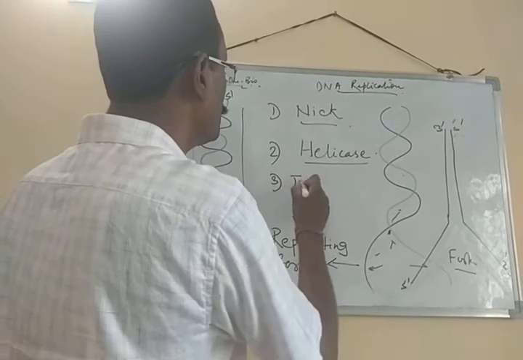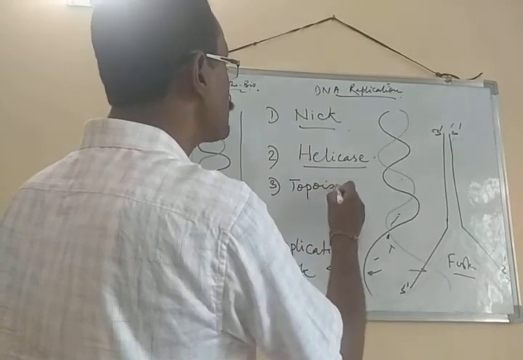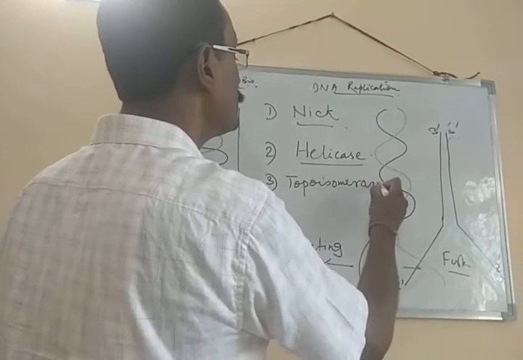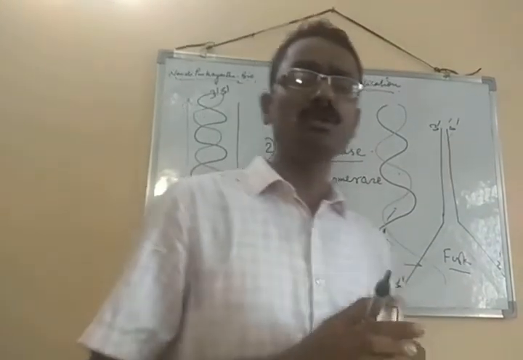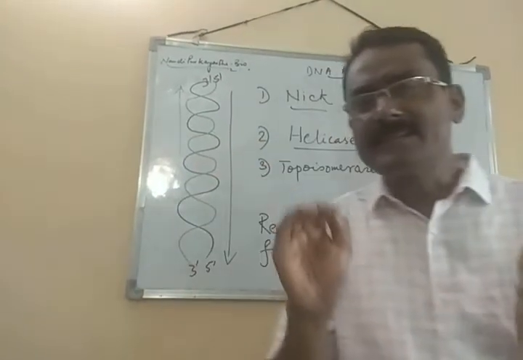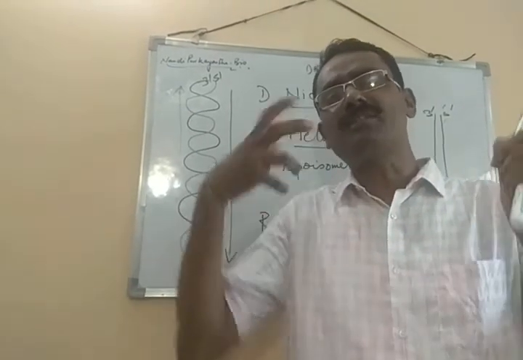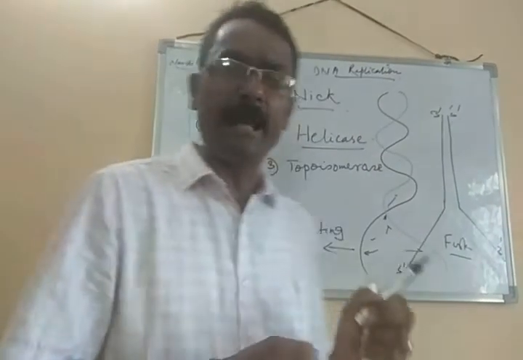Next, we need to know another most important enzyme, third, topoisomerase. The function of topoisomerase is that it does not let the helicase put too much stress on the DNA.